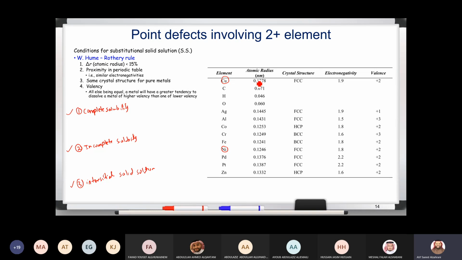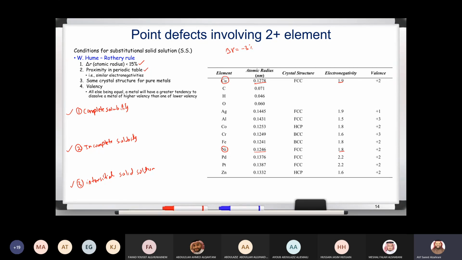The atomic radius of copper is 0.1278. The nickel is 0.1246. If you calculate delta R, in this case it will be -3%. So it satisfies rule number 1. Then proximity in the periodic table, similar electronegativity: here we have 1.9, here we have 1.8, so it checks number 2.